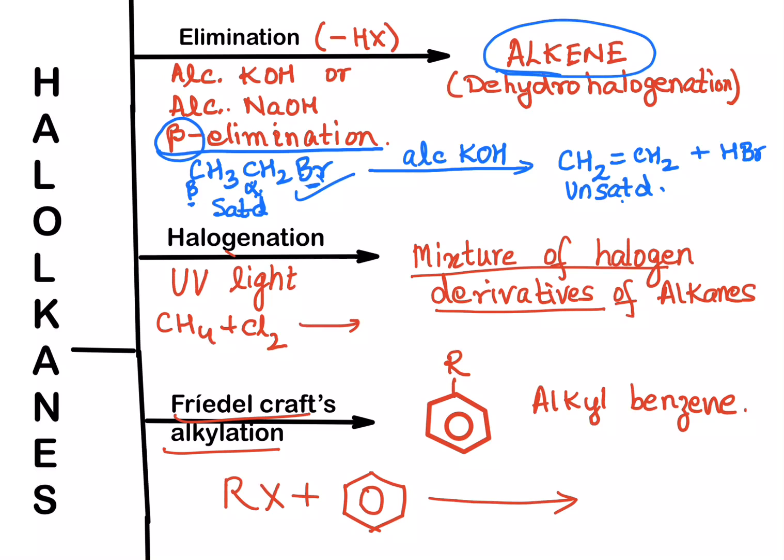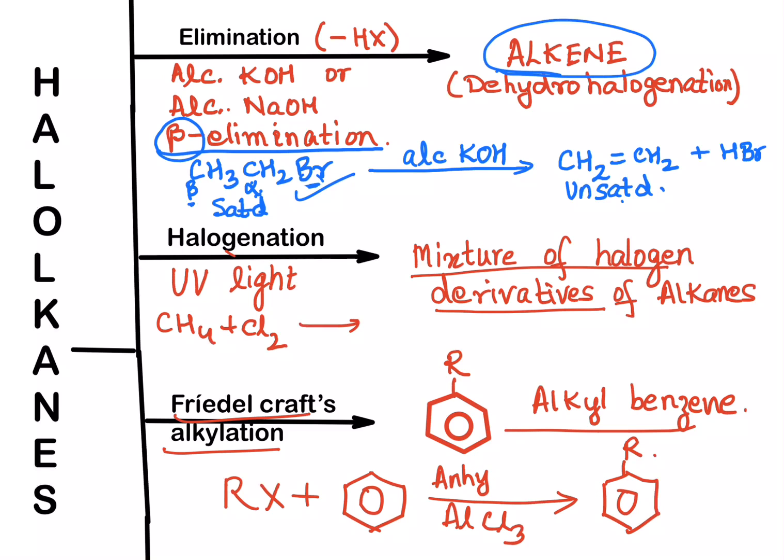I am explaining the basic one, then we shall cover it in greater detail in aromatic chemistry. So, we've got anhydrous AlCl3 as one of the catalysts, and the hydrogen of the benzene ring gets replaced by an alkyl group, giving us what we call alkyl benzene.